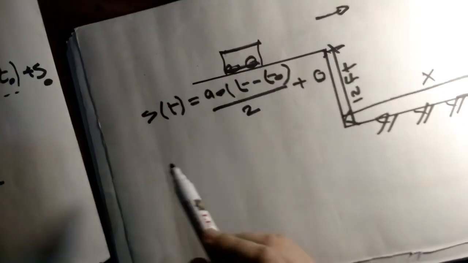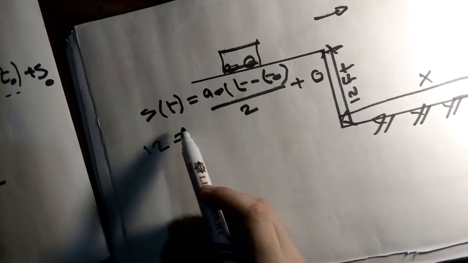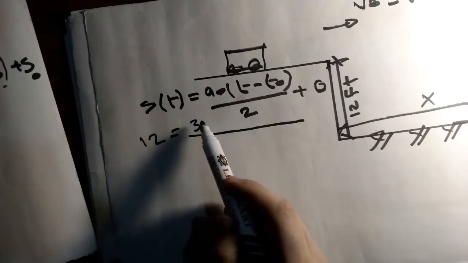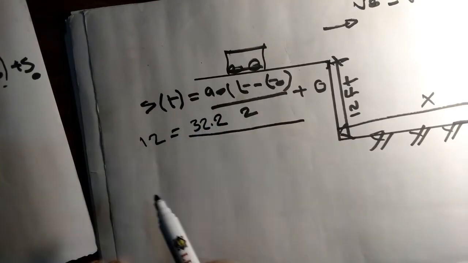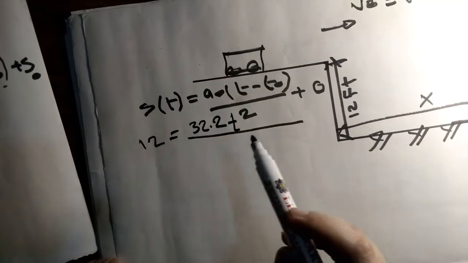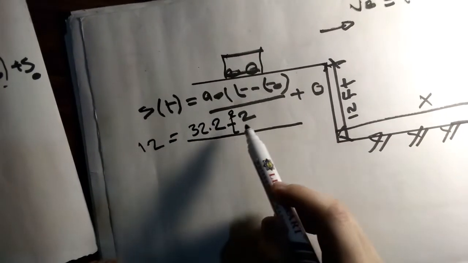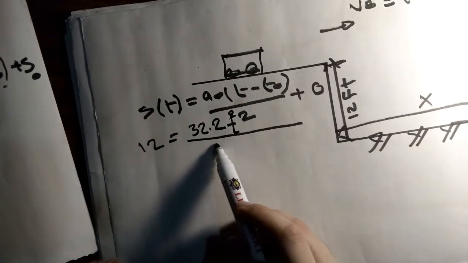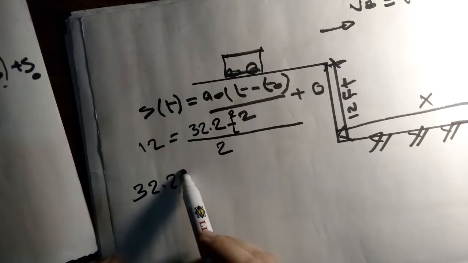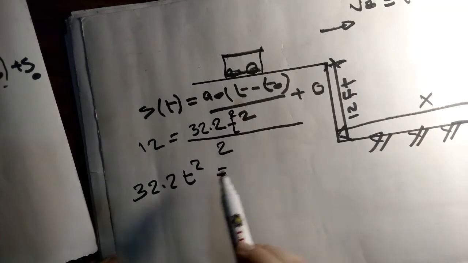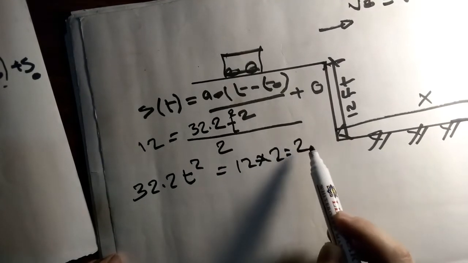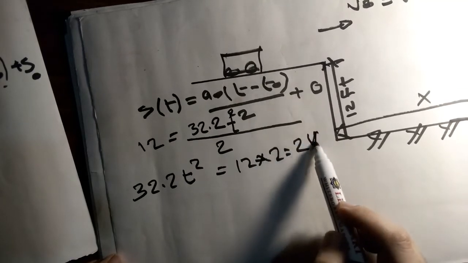So here we have 12 foot equals 32.2 foot per second squared times t squared divided by 2. So 32.2 t squared equals 12 times 2 equals 24.